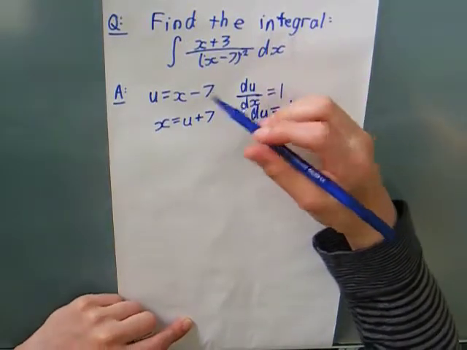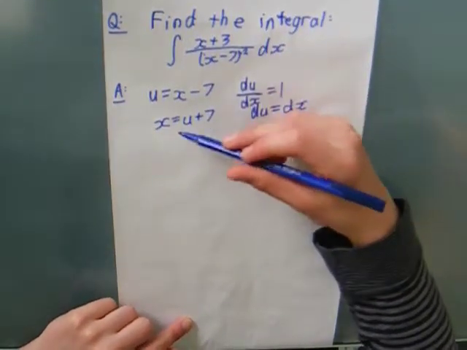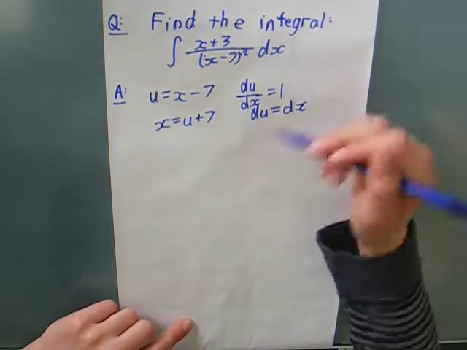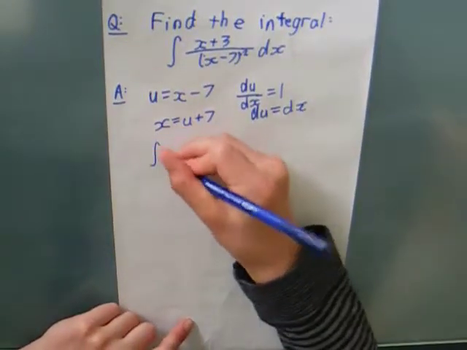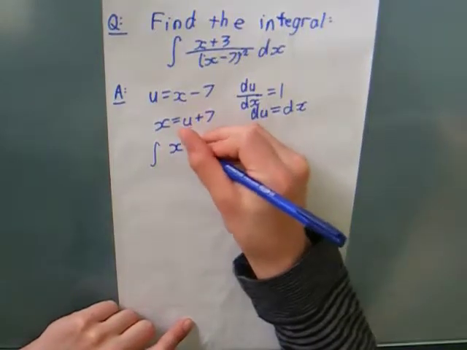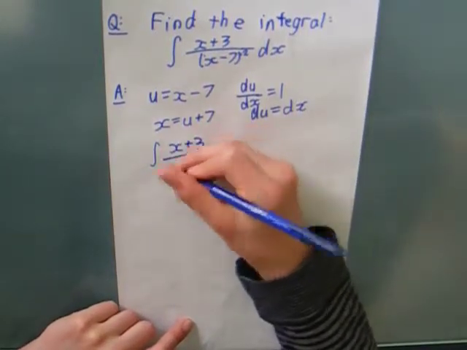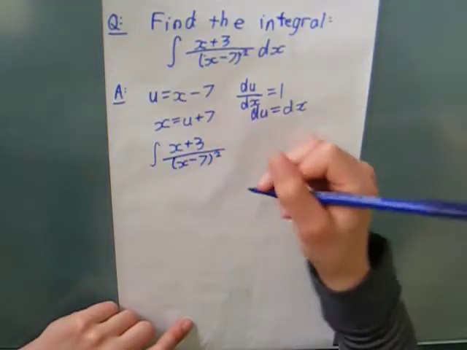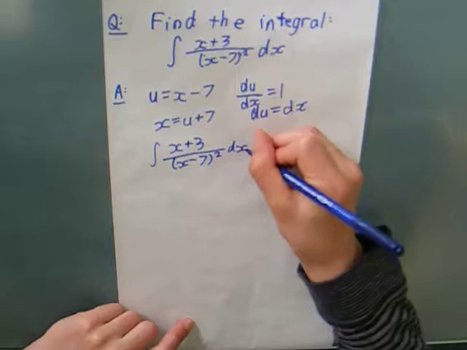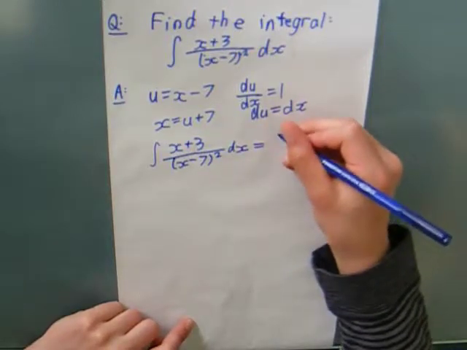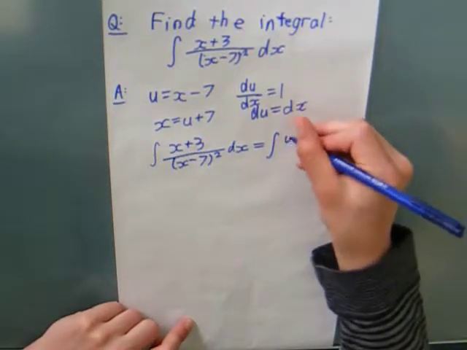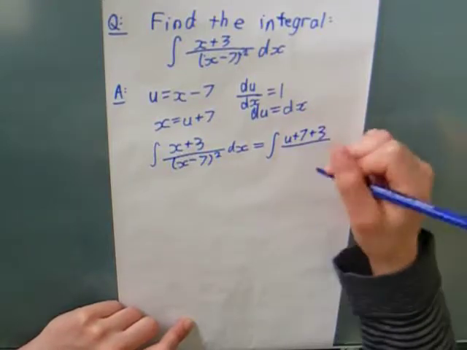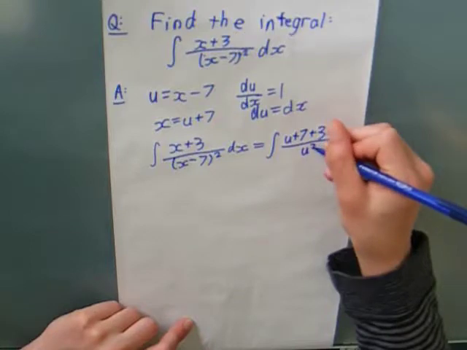Substituting in here, and this substituting in there, with this using this, I can now simplify the integral. So the integral of x plus 3 over (x minus 7) squared dx equals the integral of u plus 7 plus 3 over u squared du.